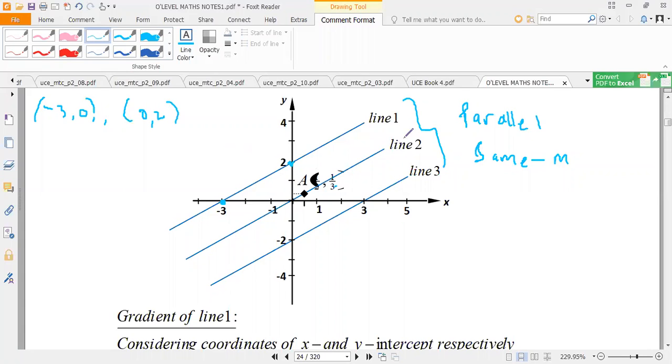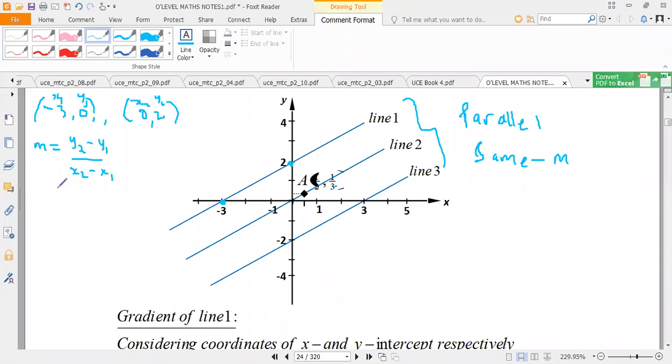If you have to find the gradient of line 1, remember we said the gradient is the change in y over the change in x, which is given by y2 minus y1 divided by x2 minus x1. If we consider this to be y2 and this x2, then this is y1 and this is x1.